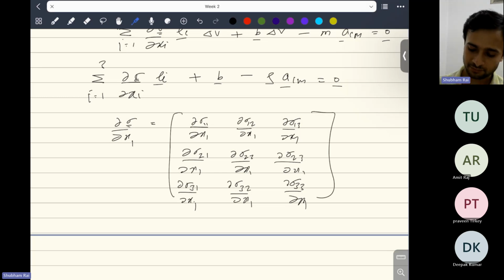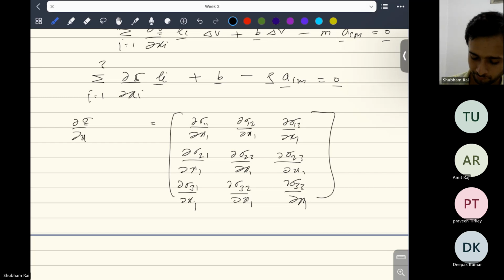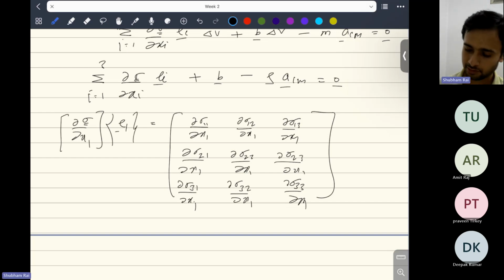And if you multiply this with E1, because the first term will be del sigma by del x1 times E1, this will be a matrix times a vector, which is E1. E1 is represented by 1 0 0, right?